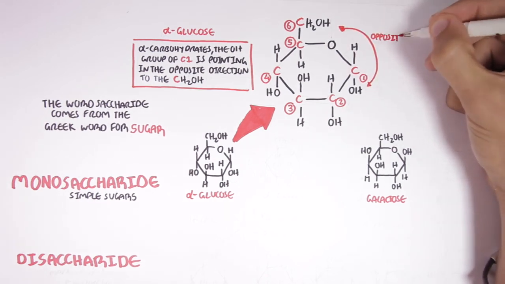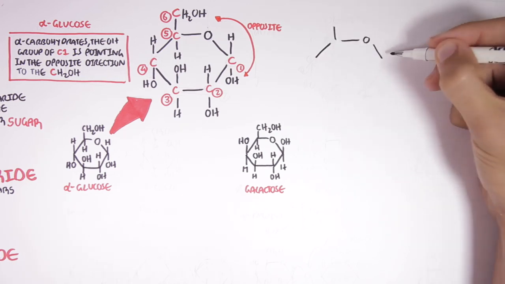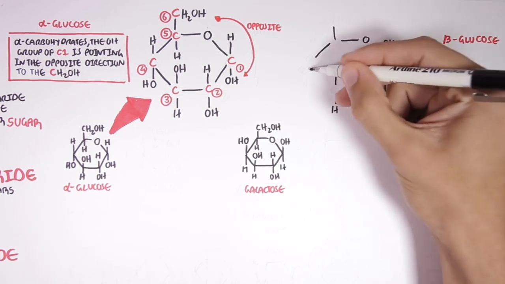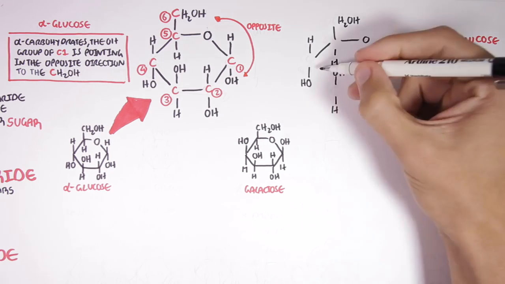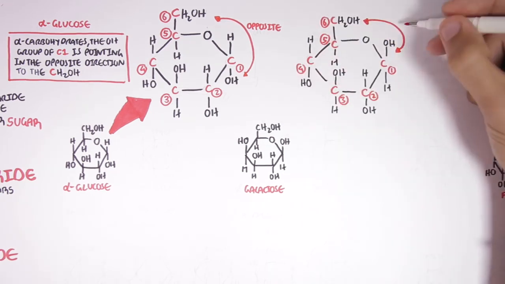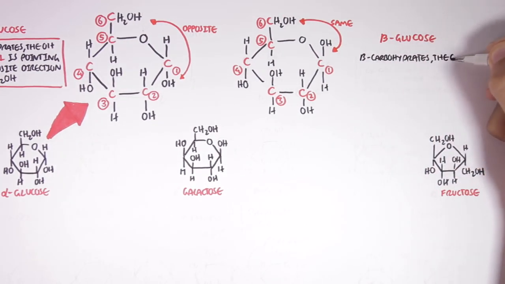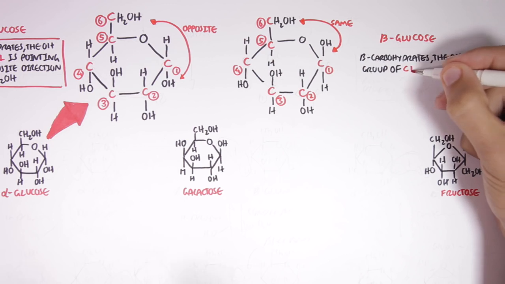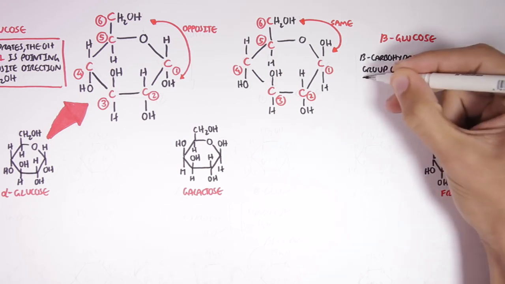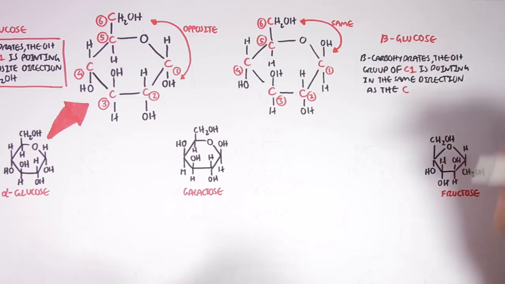So these are opposite each other. And there is another type of glucose known as a beta glucose. This is essentially where the hydroxyl group of carbon number 1 and carbon number 6 are pointing in the same direction. So beta carbohydrates is where the hydroxyl group of carbon number 1 is pointing in the same direction as carbon number 6.